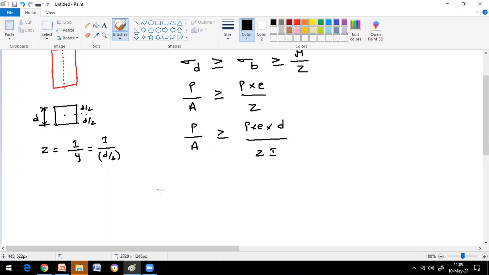Now you all know what section modulus is. Can anyone tell me the formula for radius of gyration?